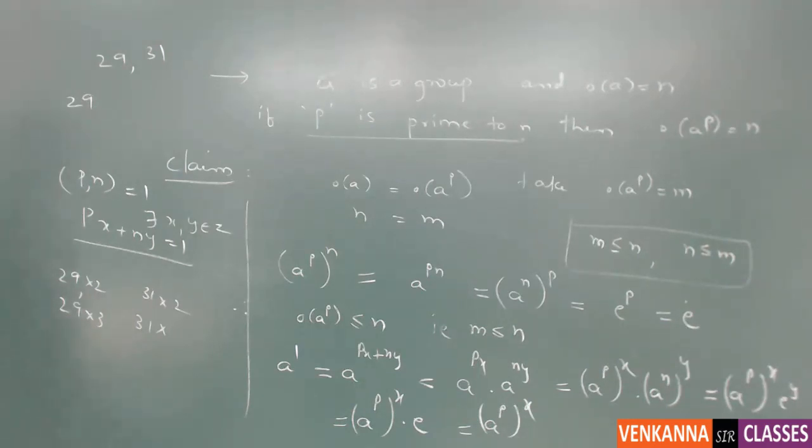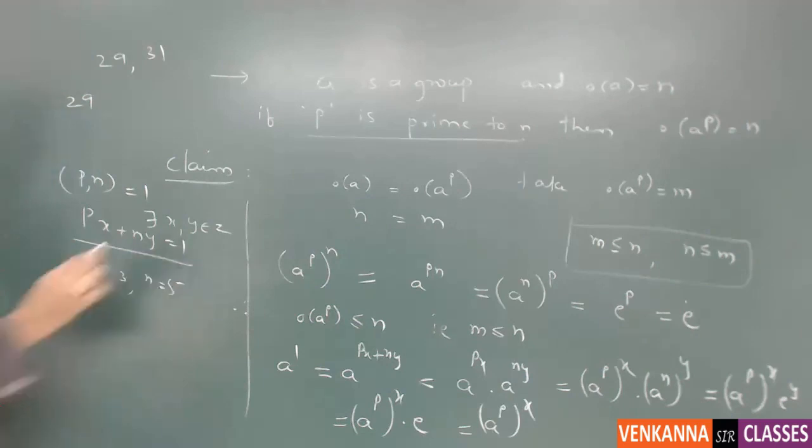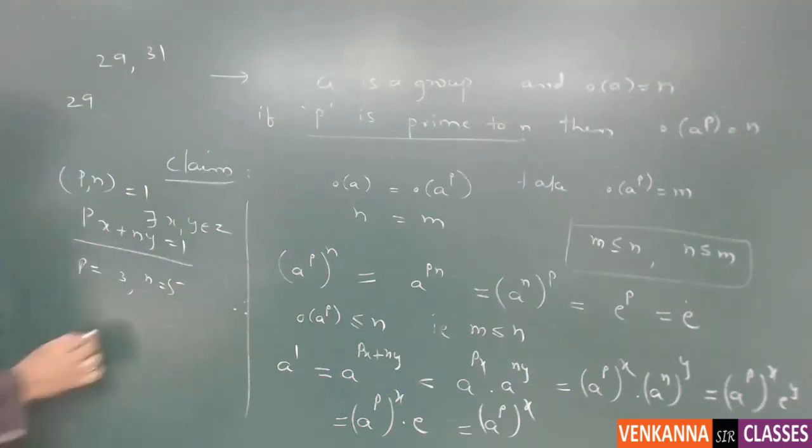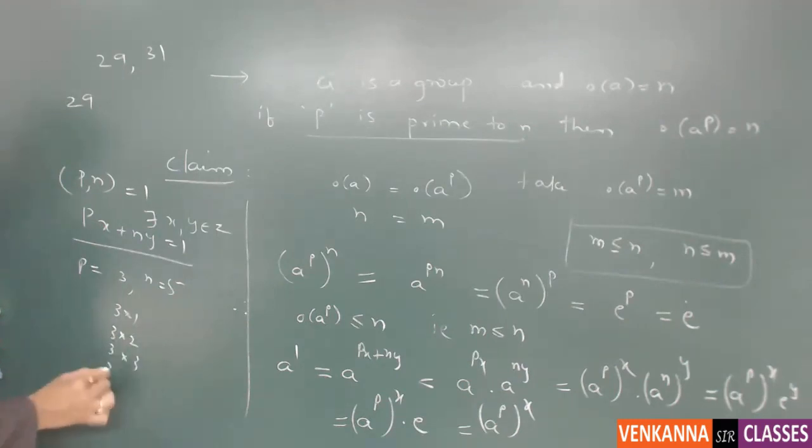Let me say, since you have taken the case of prime numbers, isn't it? These two are prime numbers you are giving to me, right? Fine. Let us do with small numbers, say 3 and 5. Now you raise the power, you multiply them, 3 into 1, 3 into 2, 3 into 3, 3 into 4, 3 into 5, 3 into 6, 3 into 7.